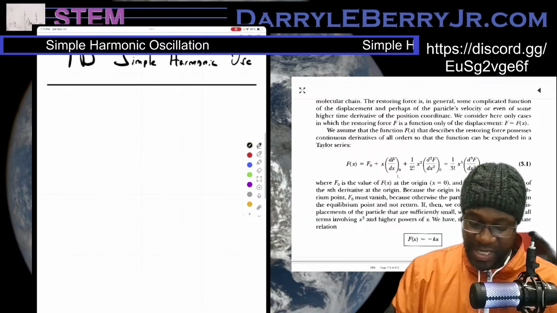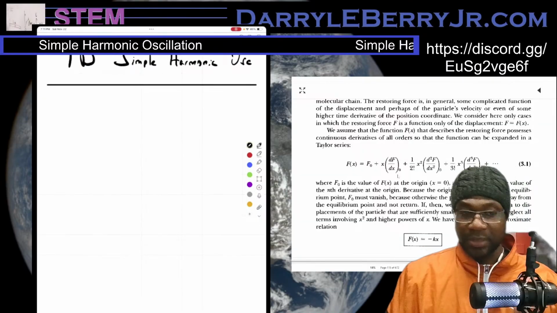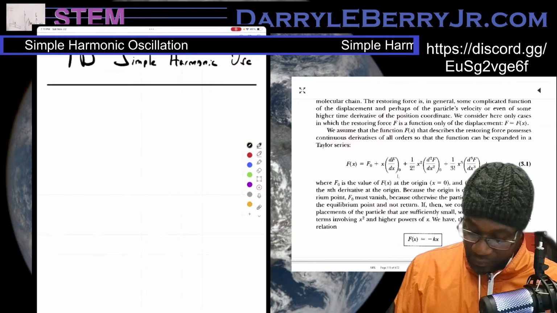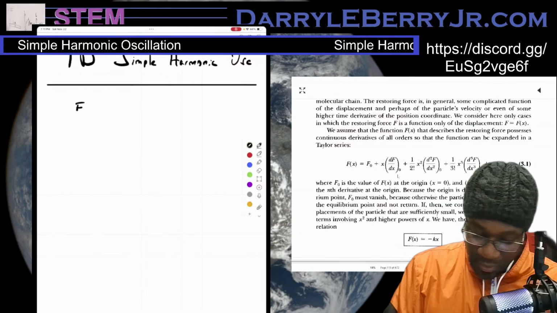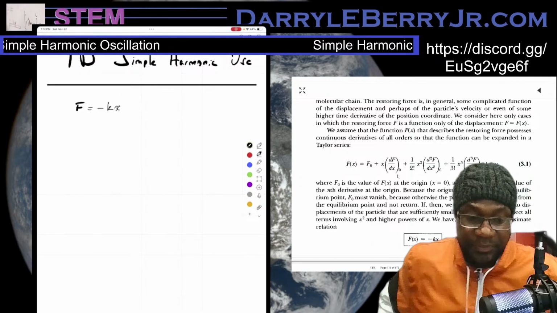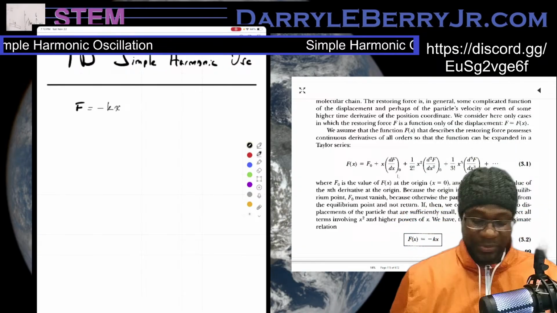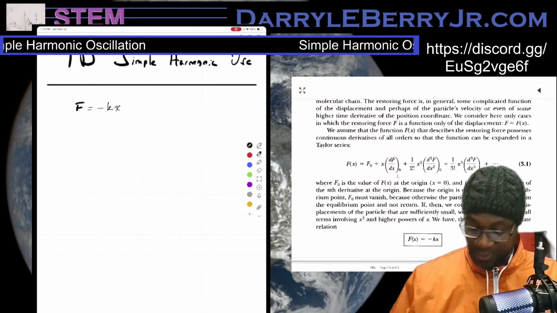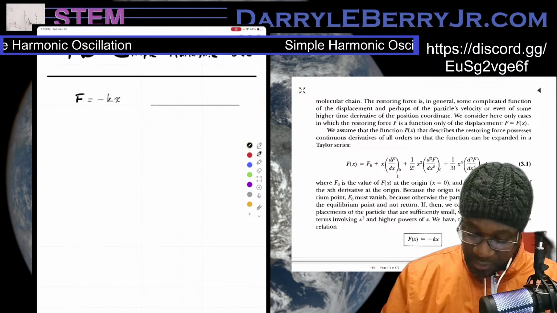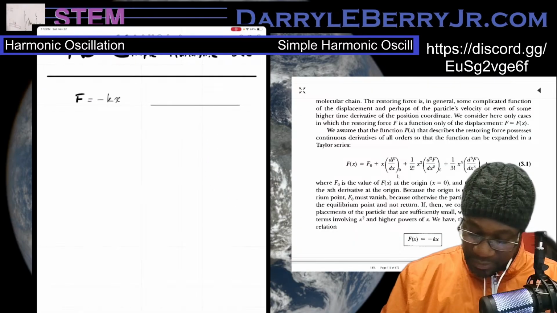So suffice it to say, if you have a simple harmonic oscillator in one dimension, the force exerted by the spring is going to be a restoring force opposite the extension. So we have a spring, in one dimension.